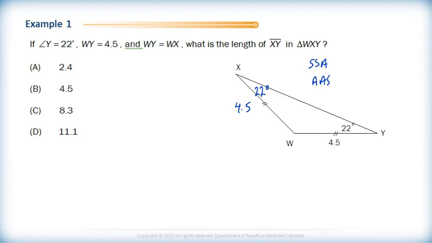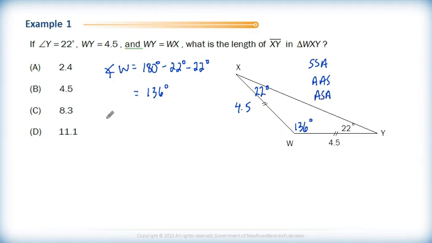Let's find angle W. Angle W is equal to 180 degrees minus the two 22-degree angles, which gives us 136 degrees for angle W. So we could also say now that we have that much information, we've got angle, side, angle, if we wanted to use that reason for choosing the sine law.